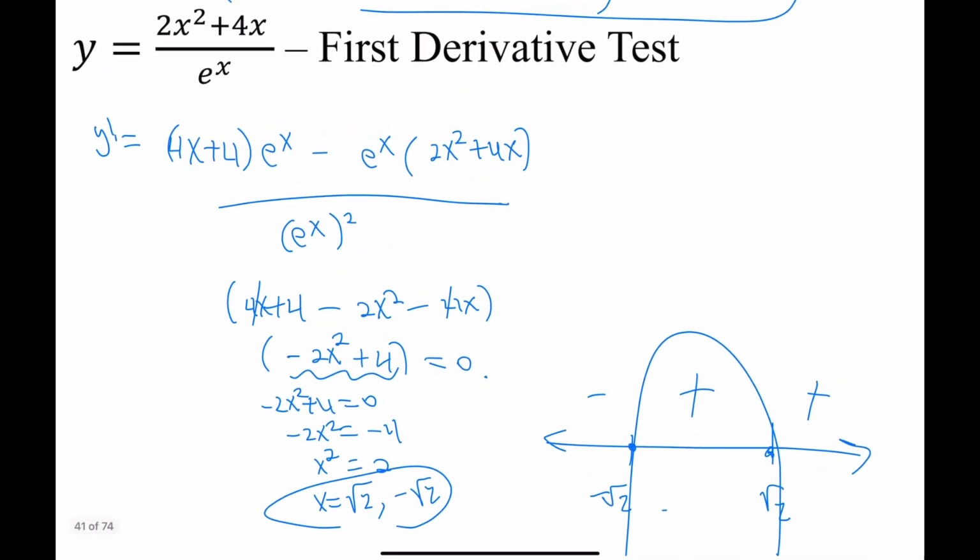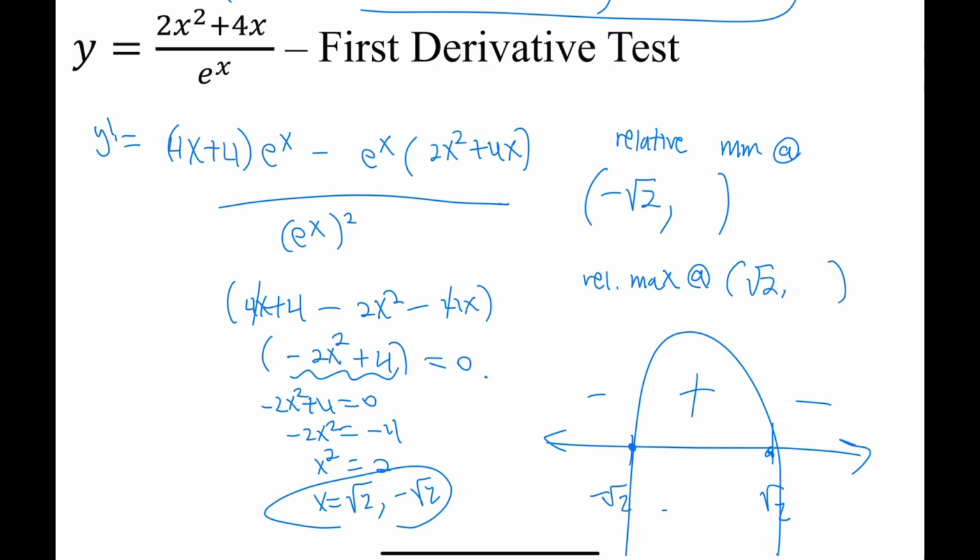So we have a relative min at negative root 2, and a relative max at root 2. Then we plug the values into the y equation.